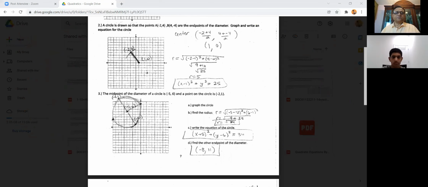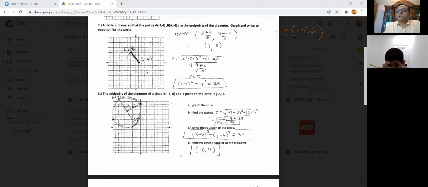Question number 3. The midpoint of the diameter of the circle is (-5, 6). So we know the center now, which is at (-5, 6). And the point on the circle is (-2, 1). Okay. So what they're trying to say here is that we are given the midpoint.